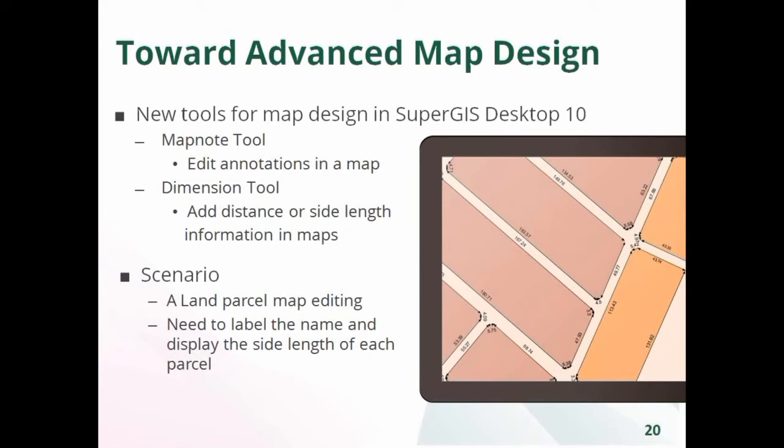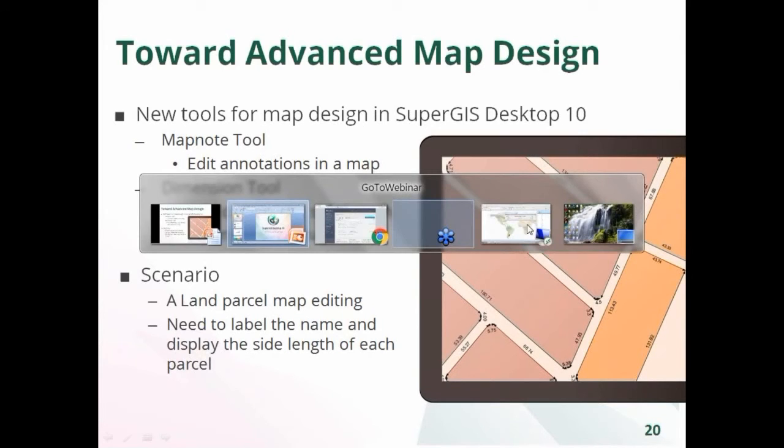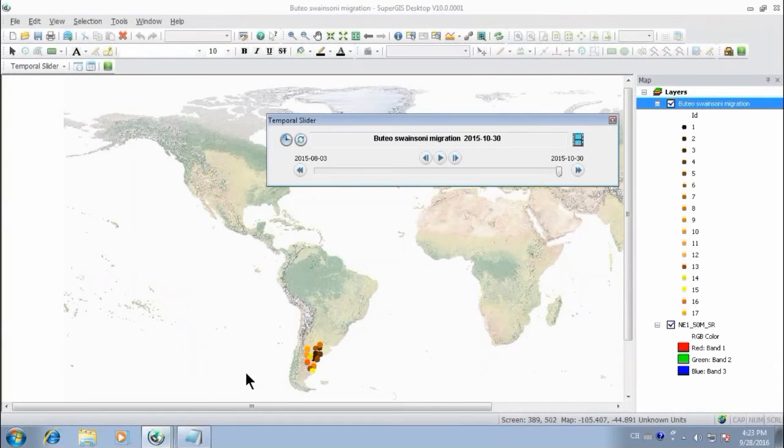Therefore, I would suggest the user use the map node tool to edit the annotation for greater legibility. The surveyor can know the name of each parcel, and they can also add distance information for a certain parcel with the dimension tool. And okay, now let's move on to SuperGIS Desktop again.